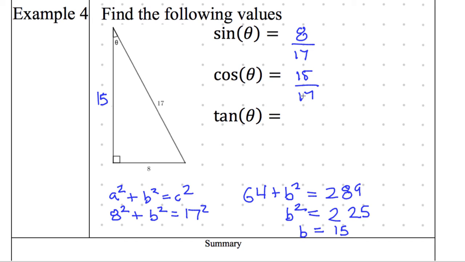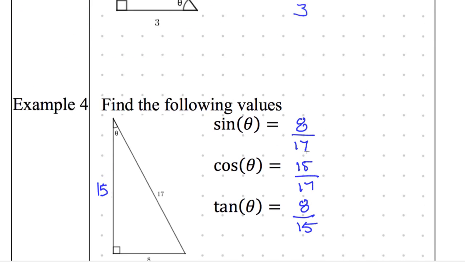Daisy, you want to try another one? Because I think Rochelle can do this one already. I want to give you tangent, because you will benefit from practicing. Okay, fine. Tangent is opposite over adjacent, so that would be 8/15. Done. Those are the notes.